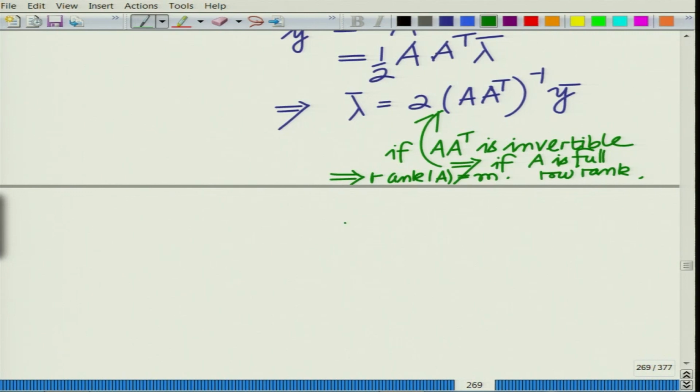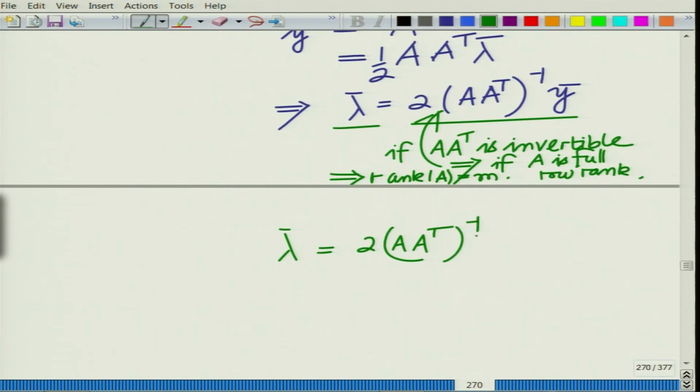And now substituting this, we have these two properties. We have lambda bar equals twice A transpose inverse y bar, and we have x bar equal to half A transpose lambda bar.